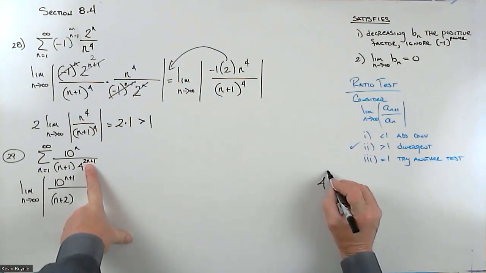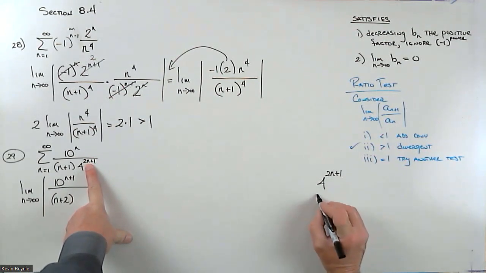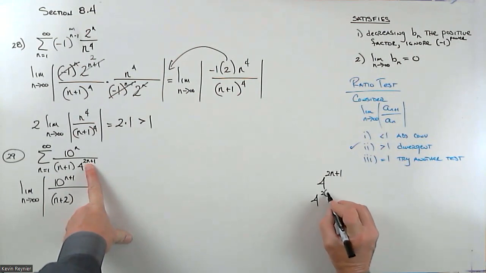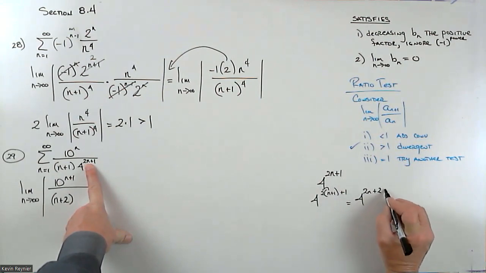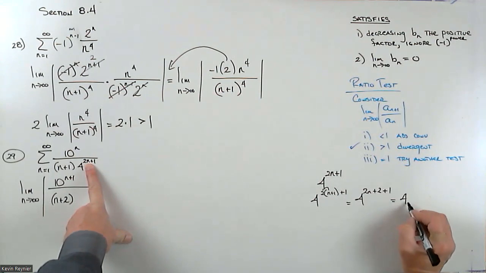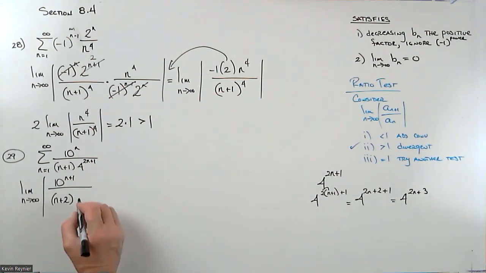So we have 4 to the 2n plus 1. That's what they gave us. But we're going to turn it into 4 to the 2 times n plus 1, plus 1. So that's going to be 2n plus 2 plus 1, or 4 to the 2n plus 3, isn't it? So that's going to go right here.